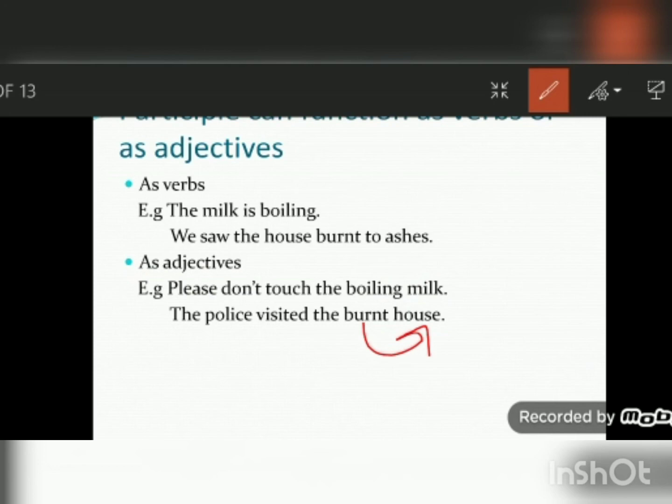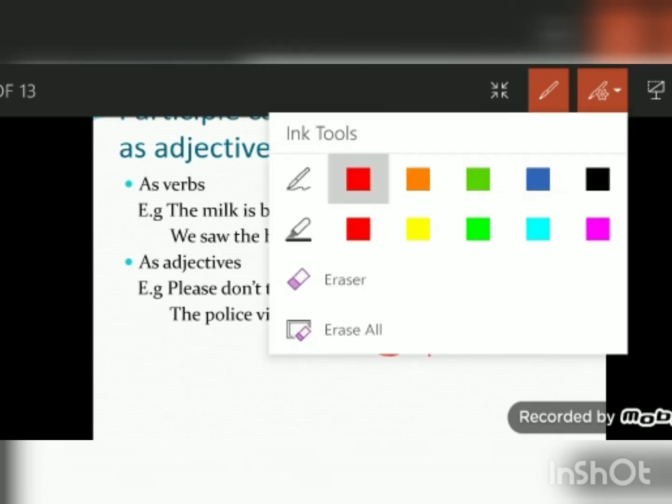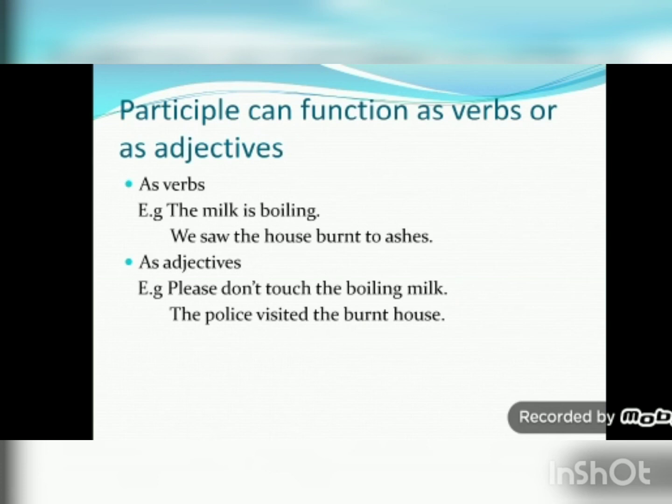So in the first two sentences the participles function as verbs, and in the next two sentences participles function as adjectives. This is how participles can function as verbs or as adjectives in sentences.